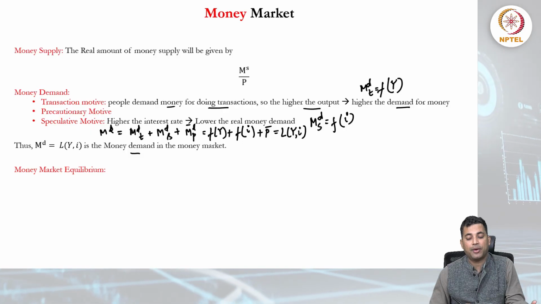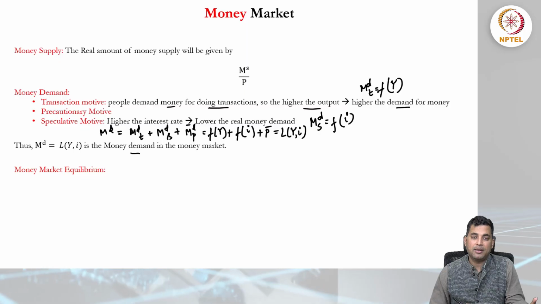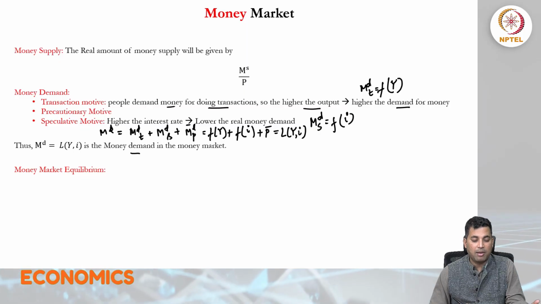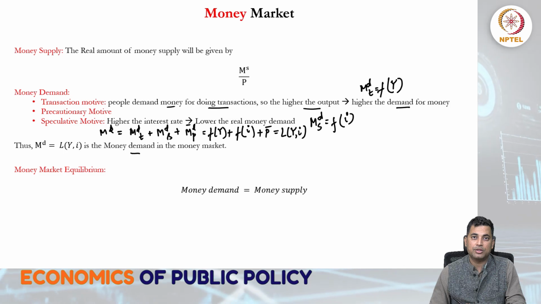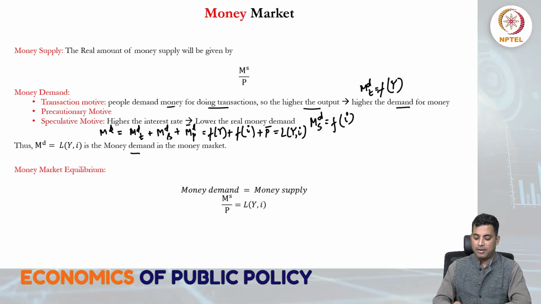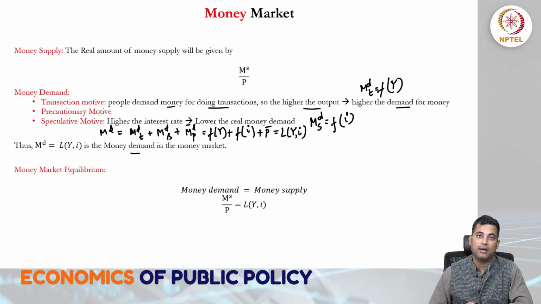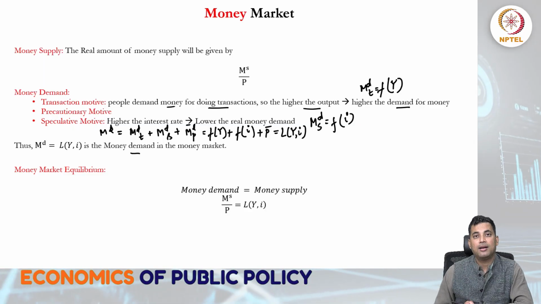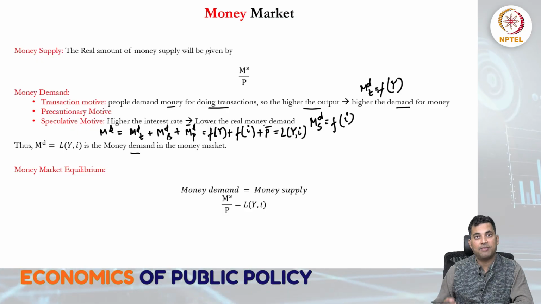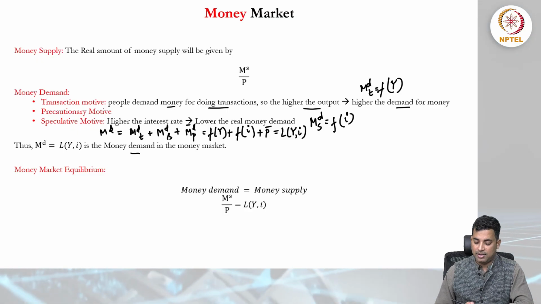So then what is money market equilibrium? For any point we need equilibrium conditions, and in the money market there are also money market equilibrium conditions, where money demand equals money supply. Money supply, as we already know, is the real money supply, MS by P, which equals L, the liquidity function, which depends on Y and i.